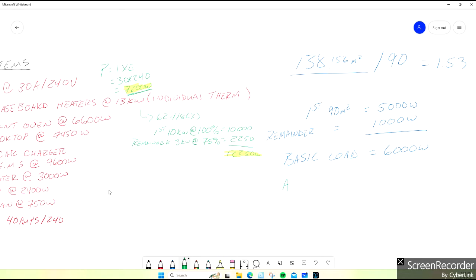Our AC load at 0 watts. Okay, but our heating load, because it's greater, will be at, we say 12,250. Okay, that's done.